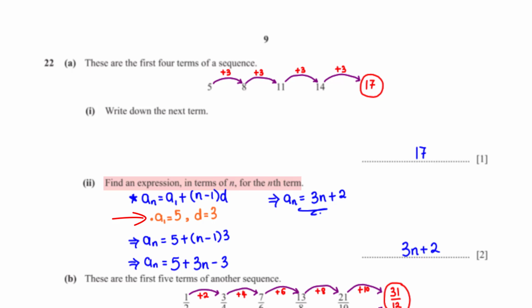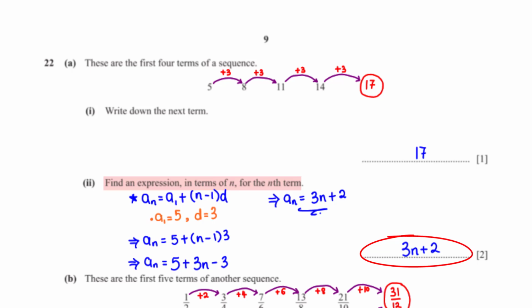And so when we slot these into the equation, we now have AN is equal to 5 plus n minus 1 times 3. So we simplify this by expanding the brackets, and we have 5 plus 3n minus 3. This can further be simplified to give us our final answer of 3n plus 2, where n is any given position in the sequence.